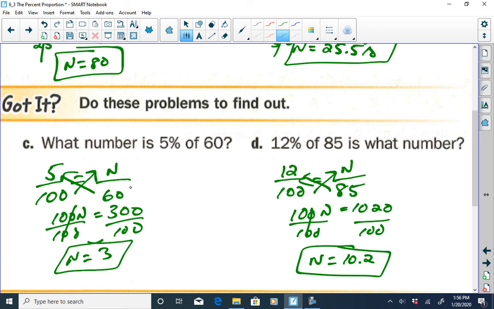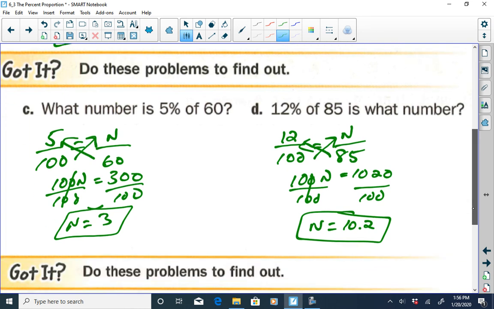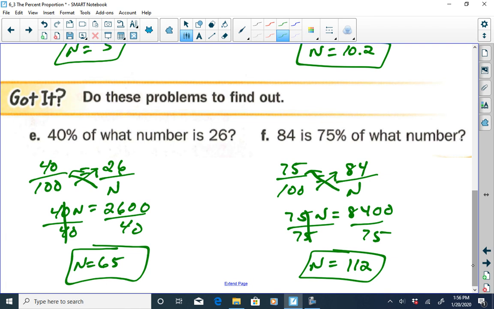Whatever follows the word of, that's going to be the denominator of my other ratio. We use that cross products property, and then we divide, and then we find the part of 60, that is 5%.